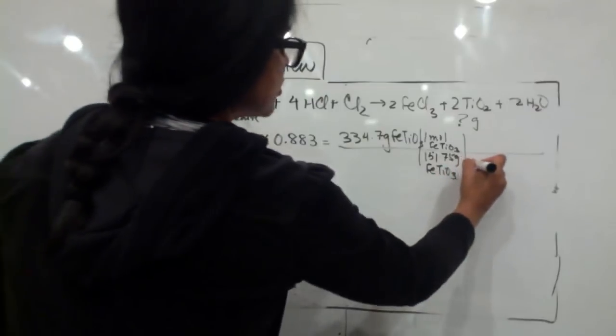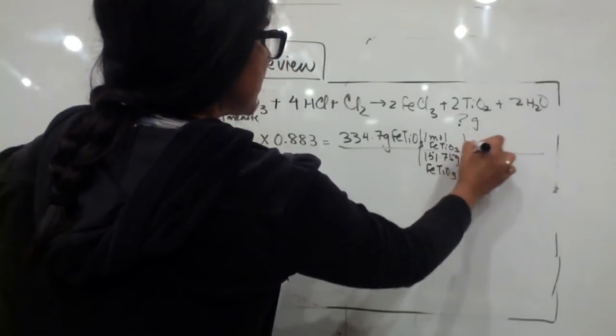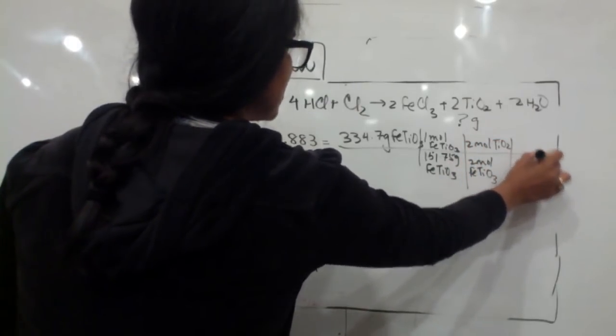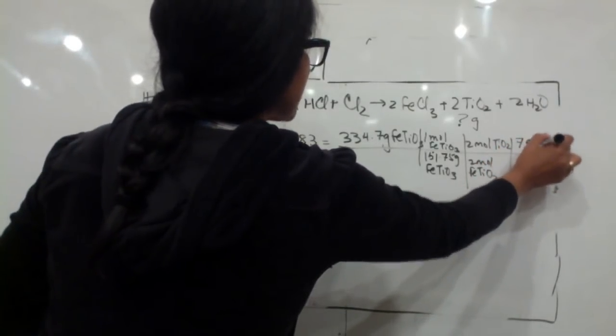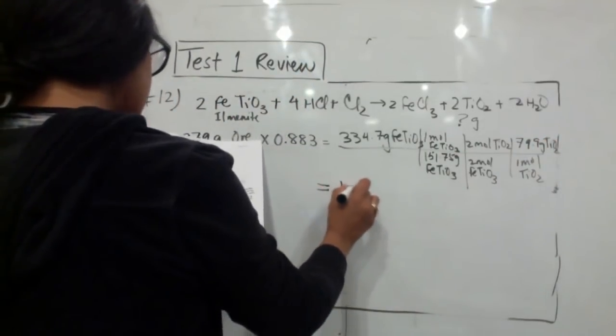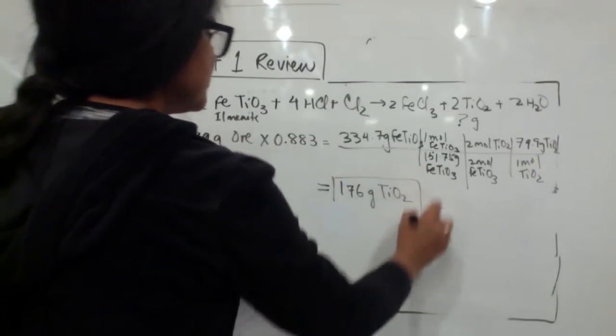And you need 2 moles of FeTiO3 to make 2 moles of TiO2. And 1 mole of TiO2 is 79.9 grams of TiO2. And by doing that, you get 176 grams of TiO2.